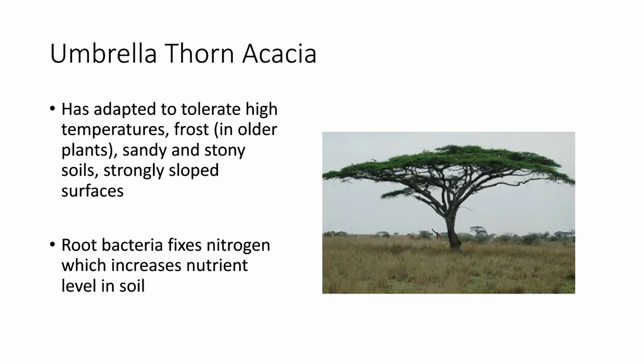That's not a form that plants can actually use, but these bacteria on the roots of this tree are able to change that nitrogen into a form that's usable for these plants. And again, that's important because nitrogen, just like phosphorus, is one of the key nutrients in terms of growth.